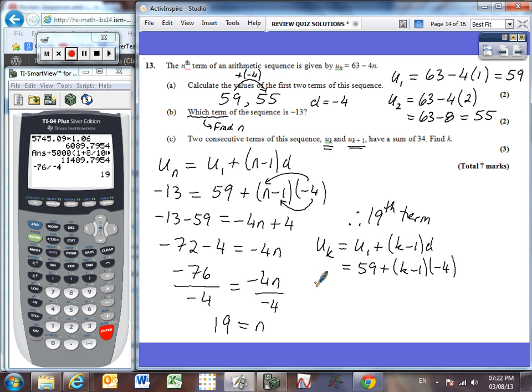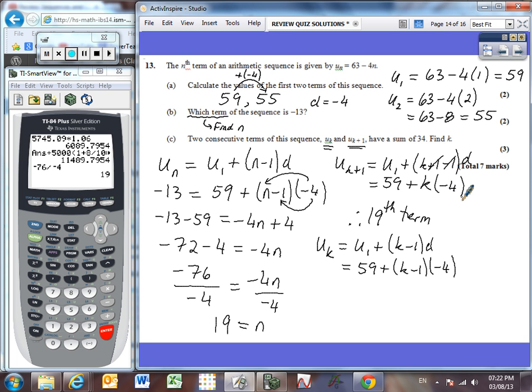Meanwhile, I'm going to write this up here, u of k plus 1 is going to equal, by definition, u1 plus, alright, k plus 1 is the subscript, but then I have to subtract 1 from it, times d, or if I substitute, then my u1 59 plus, well look, the plus 1 and the minus 1 cancel. I'm left with just k times negative 4.